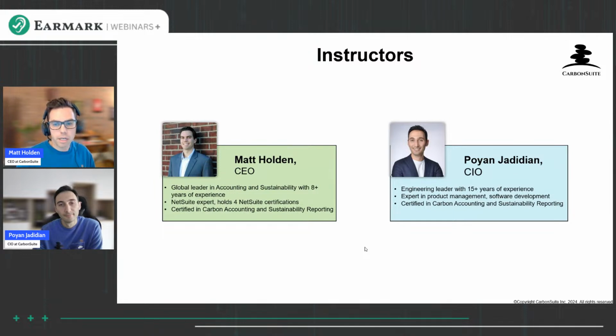Poyen is our CIO and engineering lead from the CarbonSuite team, joining us as well, mostly more on the product management side and the development, also certified in carbon accounting and sustainability reporting. So today we're merging together concepts of financial accounting and carbon accounting and see how they interact with each other in this emerging field.